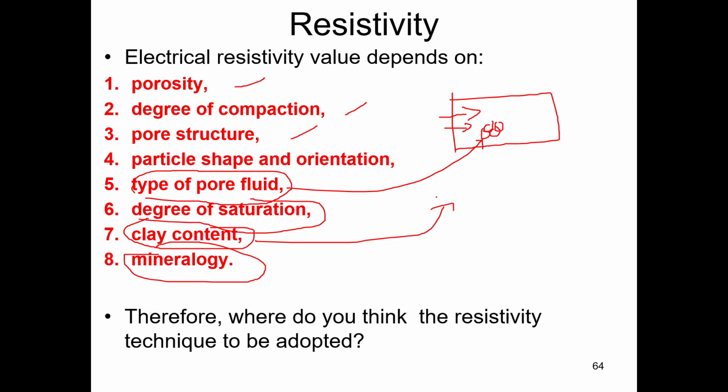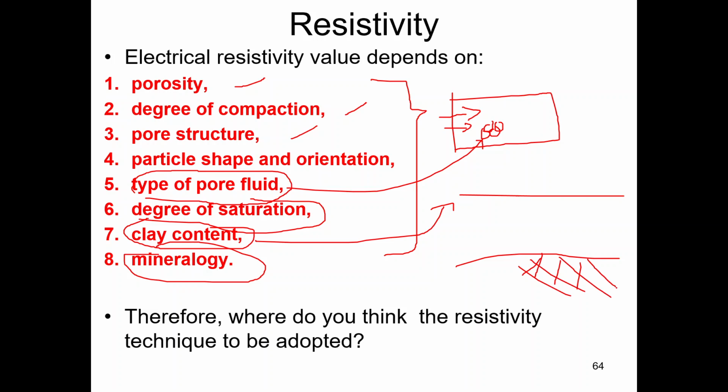So meaning that here, be careful in interpreting the resistivity result. Let's say you want to measure resistivity to know the soil profile. It is quite dangerous, because, for example, this is our rock, and you want to look at the boundary of soil and rock using this technique.